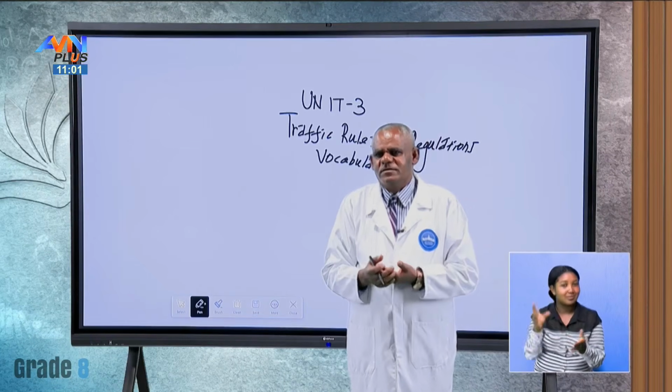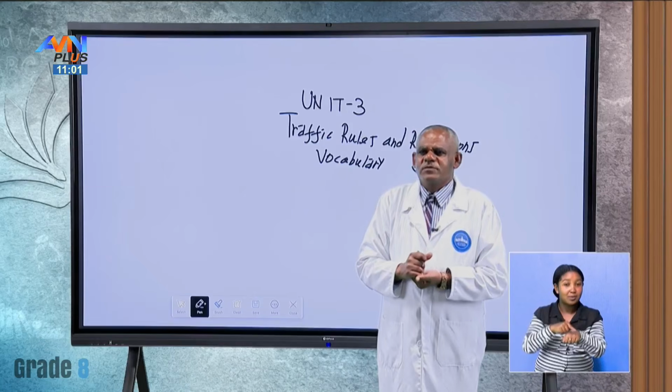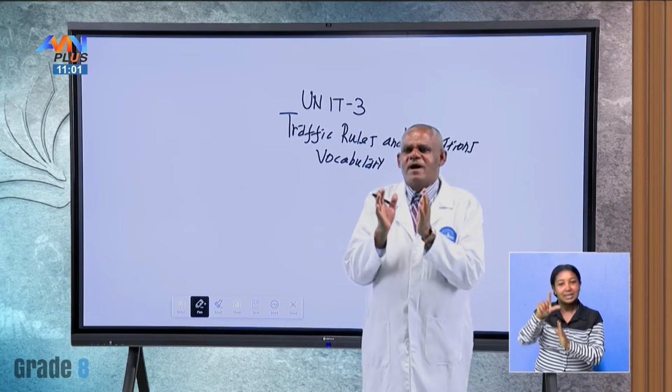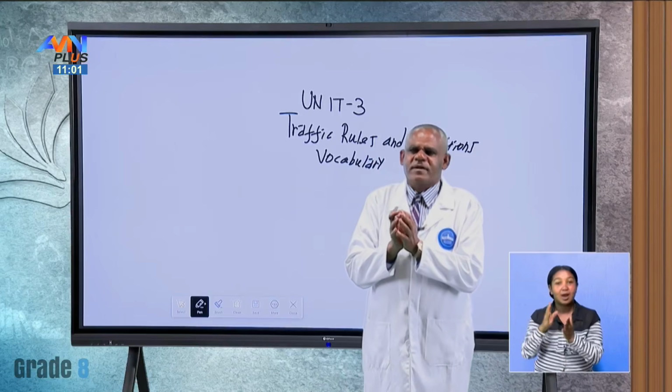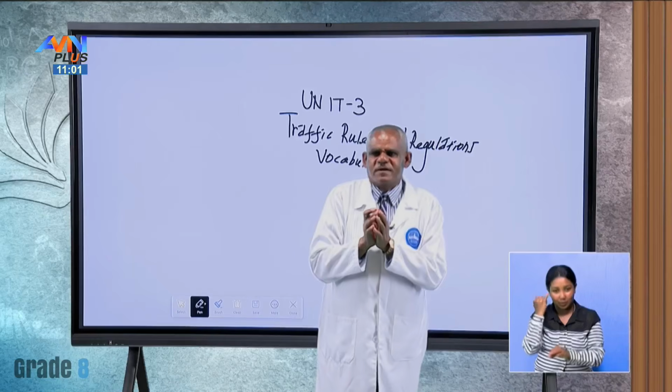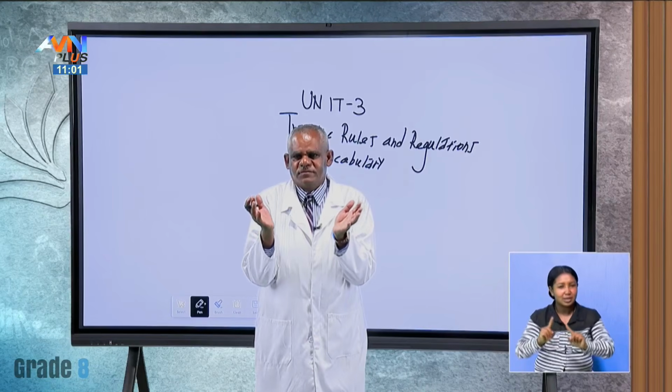Let me remind you. In the previous lesson, we were talking about Unit 2, types of calendar. In Lesson 6, we discussed how to write a paragraph. You remember, the important point is that paragraphs can be written in different forms.